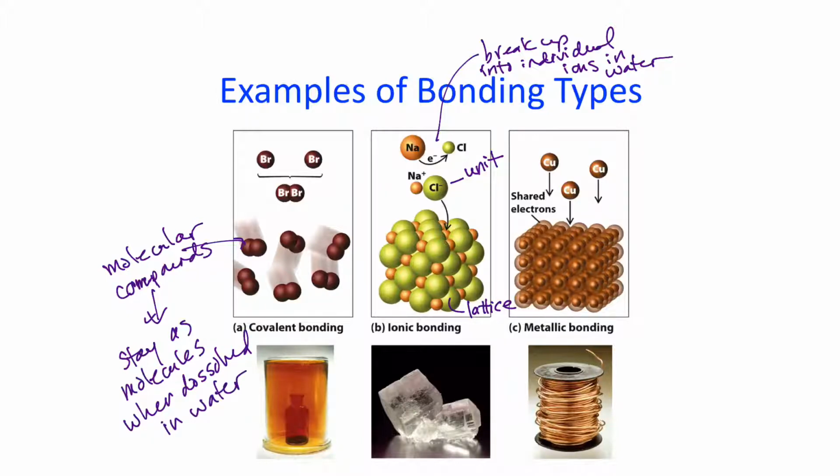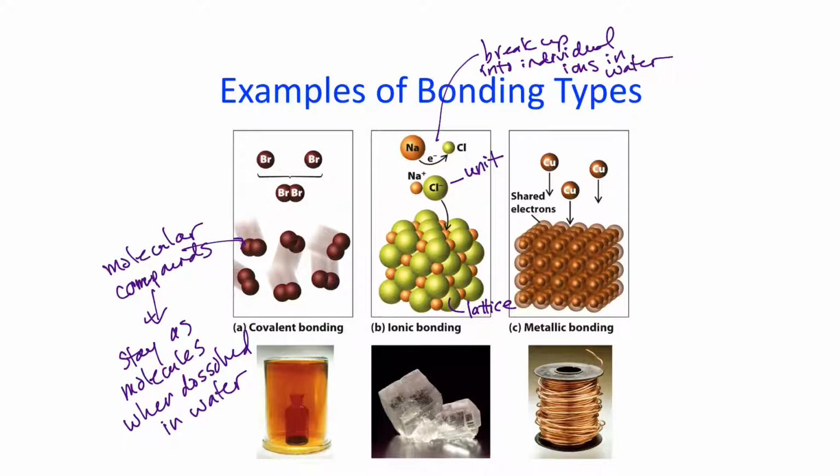All right, so those are two of the major differences between an ionic compound and a molecular or covalent compound. Ionic compounds are going to break up into ions in water. Molecular compounds stay in that molecular form when you dissolve them in water.